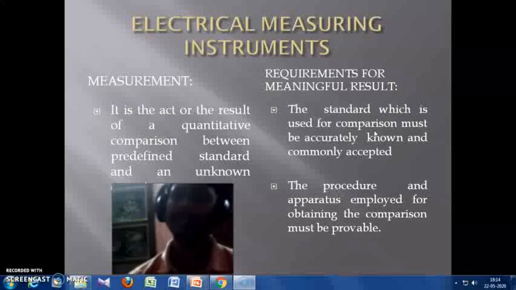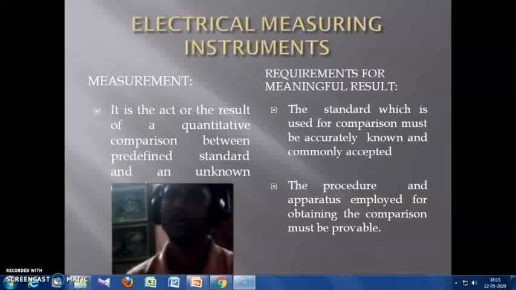This kind of standard is known to us, and its characteristics are universally and commonly accepted. The standard body decides different types of units like CGS, MKS, and SI units, and these units are accepted by everyone and accurately known to everyone.